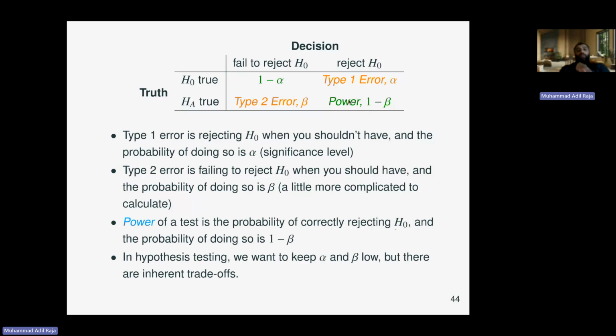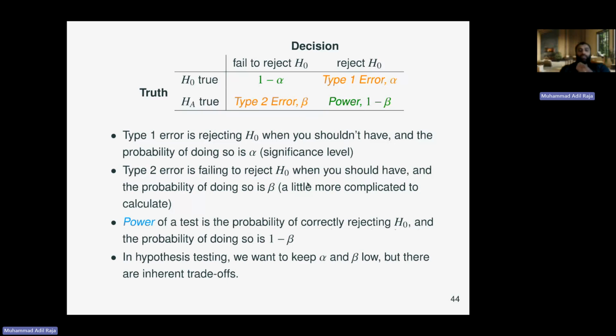So this is known as the power of a test. Its value is going to be 1 minus beta, and how do we compute it? I'm going to show you in a while. This is very important because you're going to need it to do your CA, because it would be really good to reflect on the power of your test.